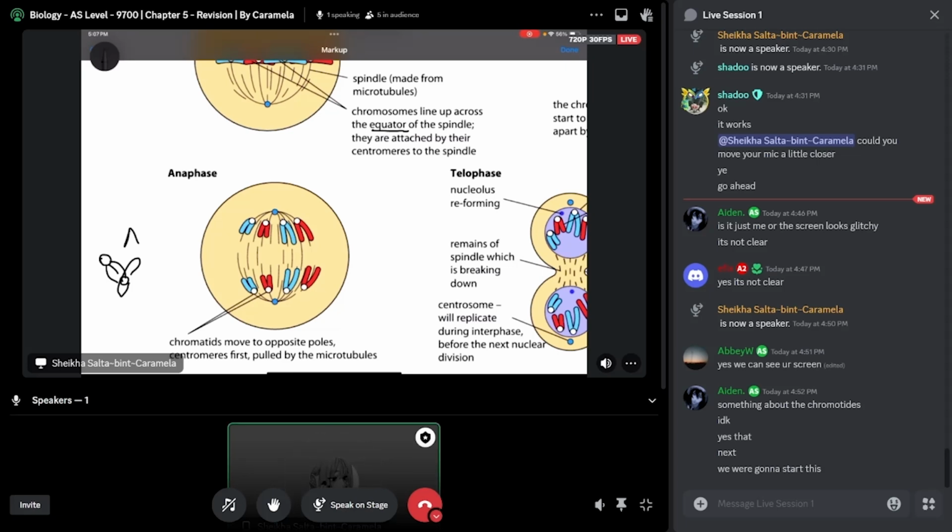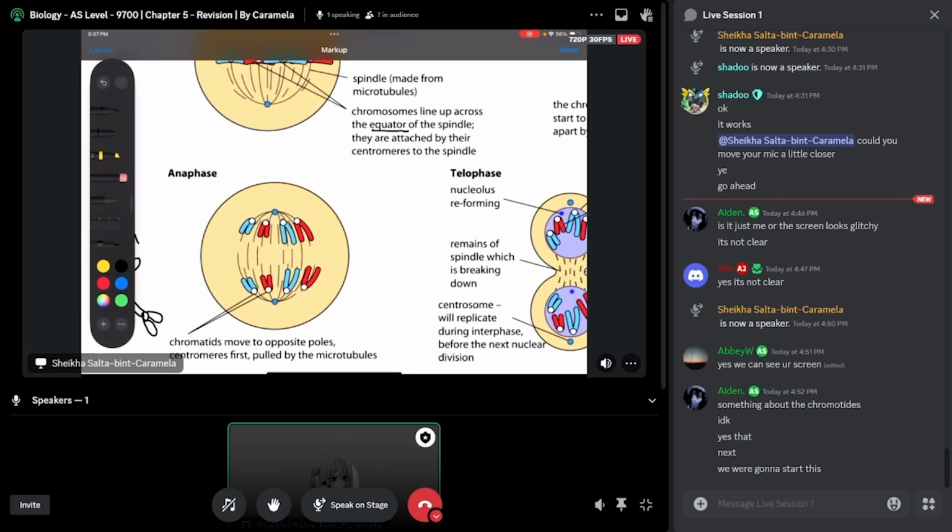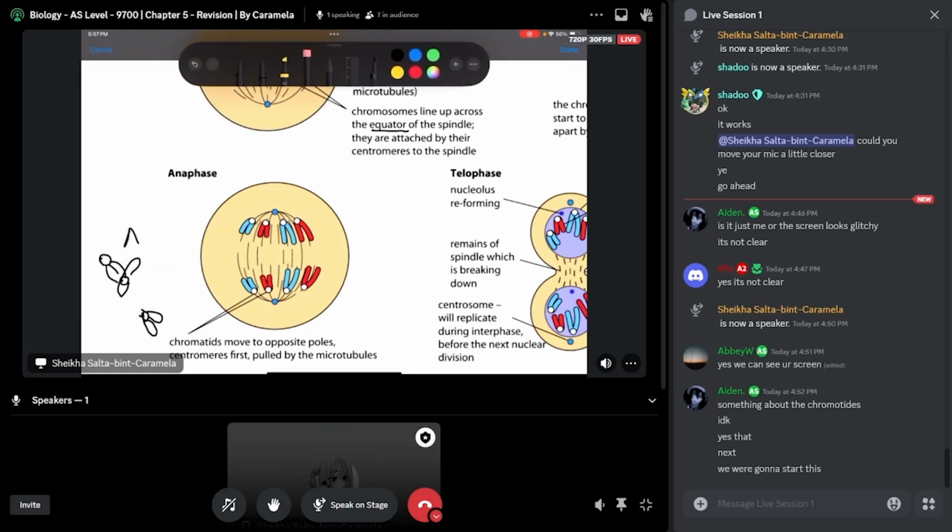You will have to make it like a V shape such that it looks like it's being pulled apart by your spindle fibers.